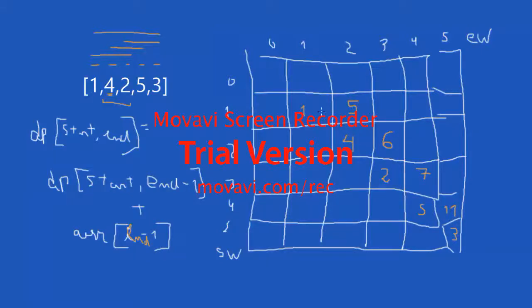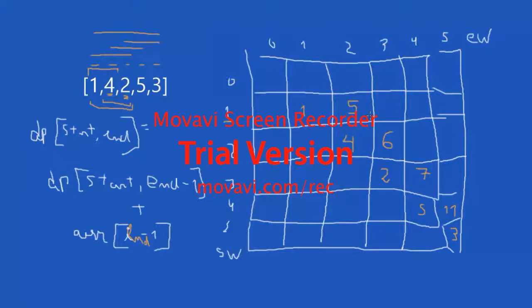Okay. And now we calculate the window of size 3. If the window starts at position 1 and ends at position 3, we know that its value is the element at the 3rd position plus the window of size 2.